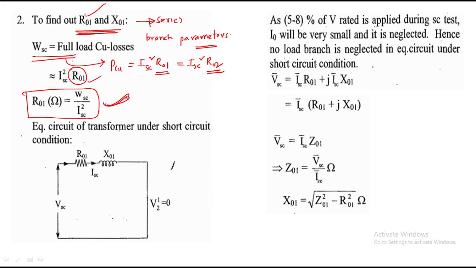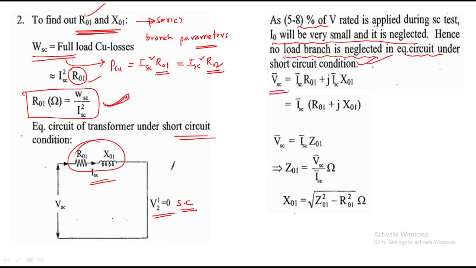So this is the equivalent circuit of a transformer under the short circuit test. That is primary R01, X01, the current through this is ISC, and this is short circuited, right? As only 5% of voltage is required for the test, I0 is very small and is neglected, hence the no load branch is neglected in the equivalent circuit under short circuit condition. So what is VSC?